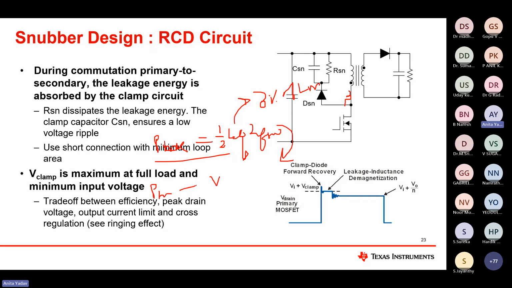Then we do the snubber power. What amount of energy we want dissipated across these resistors is basically some arbitrary fraction of the snubber power, the leakage power.